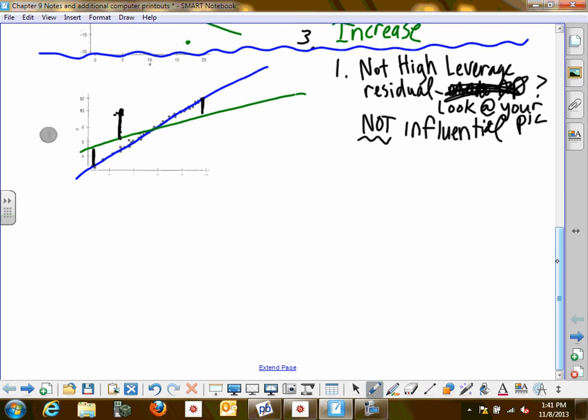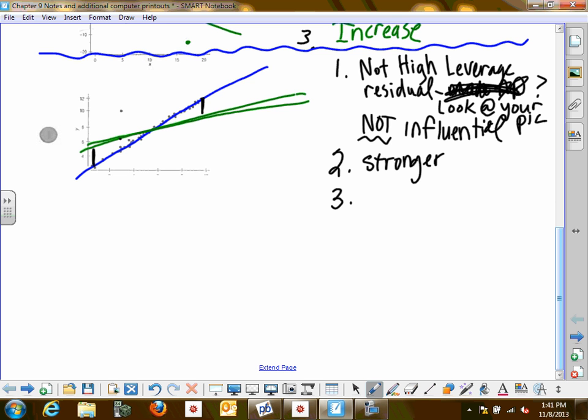Okay, the second question. What about the correlation? When you take that point away, what's going to happen to the correlation? It will get stronger because they are more clustered around the line. Number 3. Okay, I've got to look at my picture. We're going from the point in the data set, which is the green line, to the blue line.